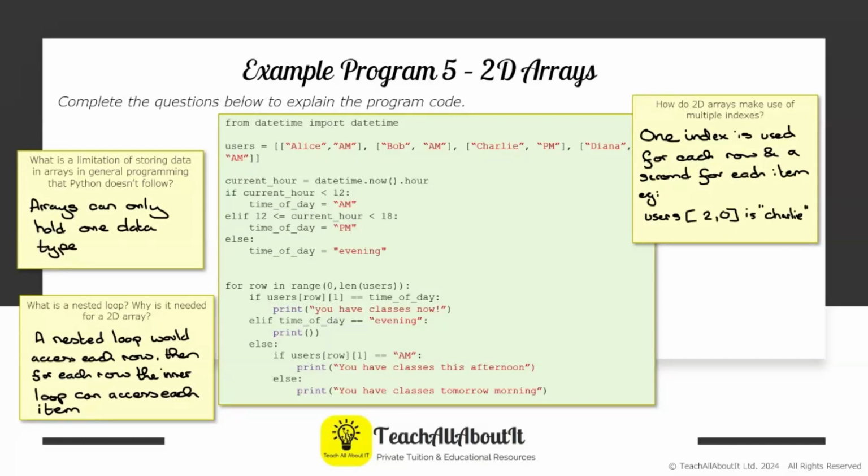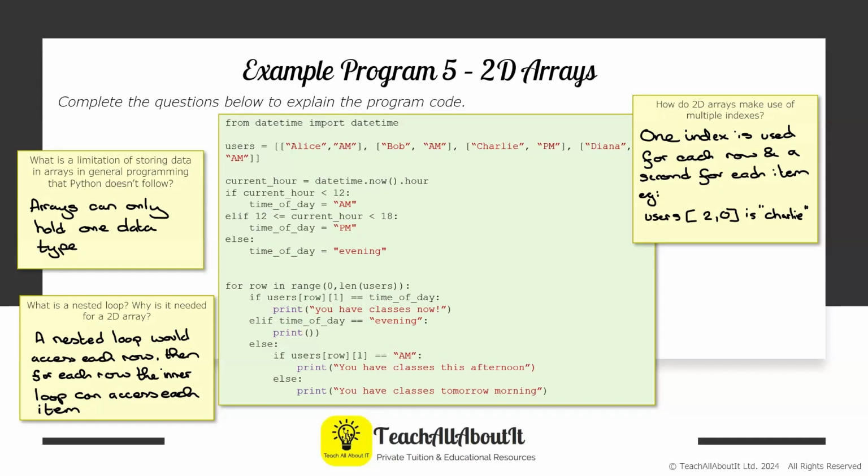And then the second is a pointer to the items within the inner array. So in this case, we've got 4 rows. And within those rows, we have 2 columns. So we have Alice, Bob, Charlie, and Diana in our first column, so column 0. And then in column 1, it's the AM or PM for when their classes are.